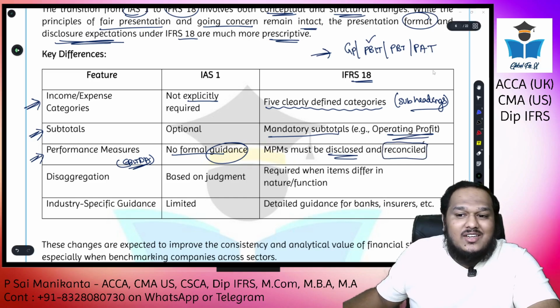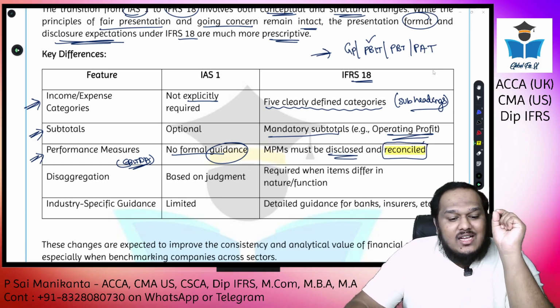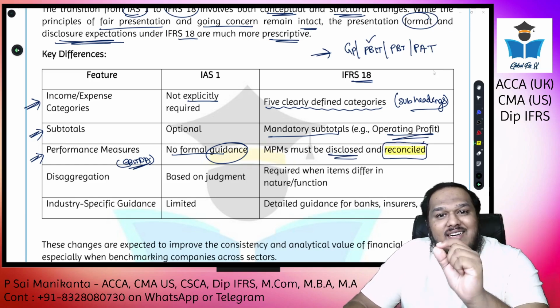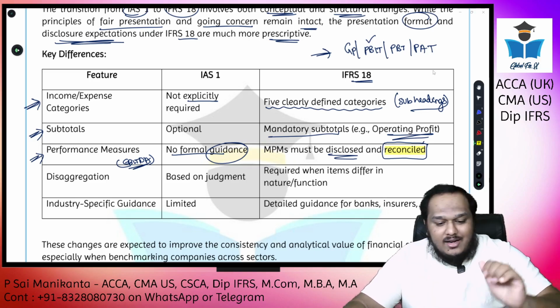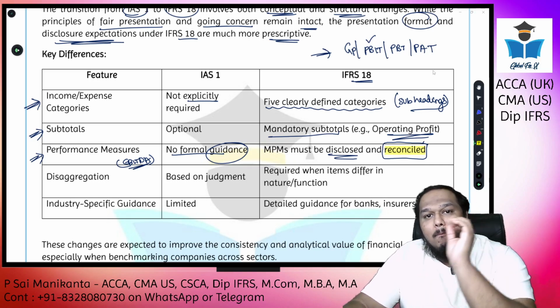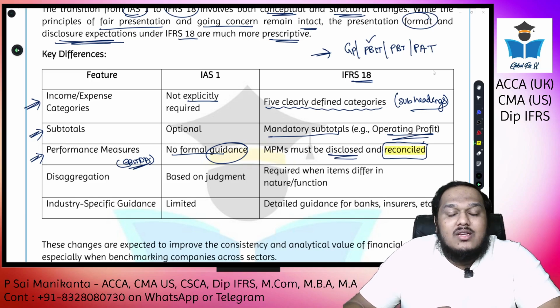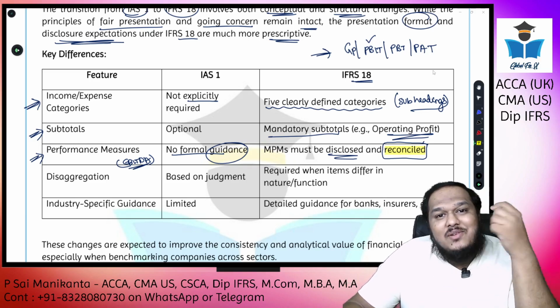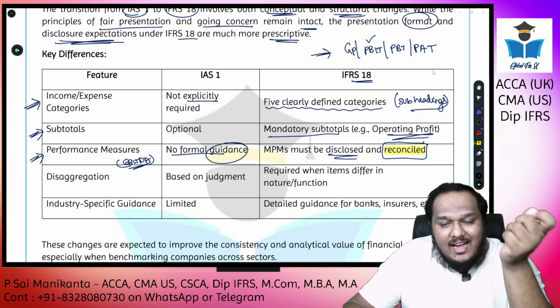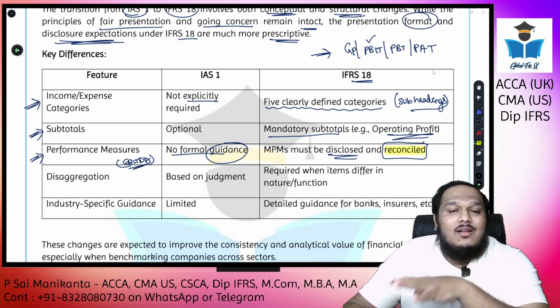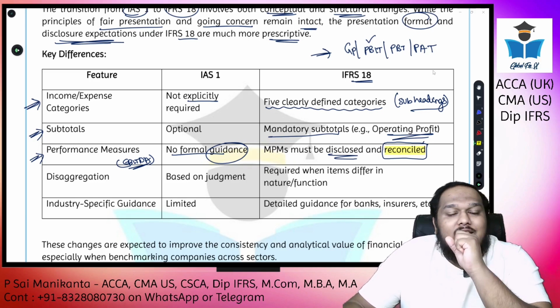Here is the key word. I love this word. Reconciled means when they say adjusted EBITDA is 100 million profit, but net profit is a loss of 5 million, what needs to be done?